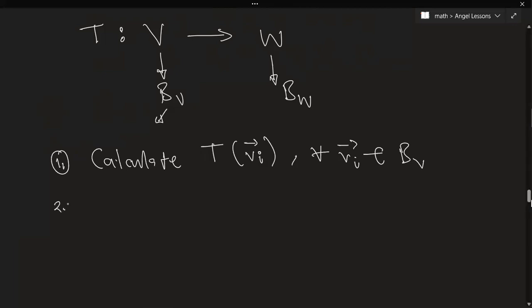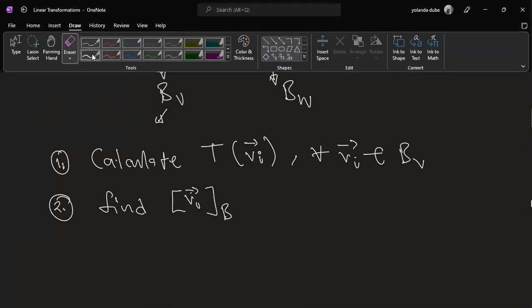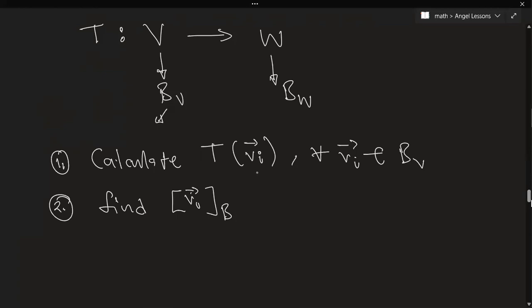Then the next step that you're going to do to solve a problem like this one is, after you have calculated each of those, you are going to calculate the coordinate vector of T of Vi with respect to BW.